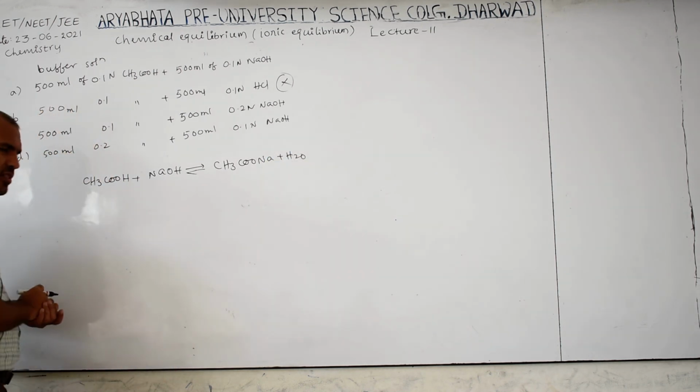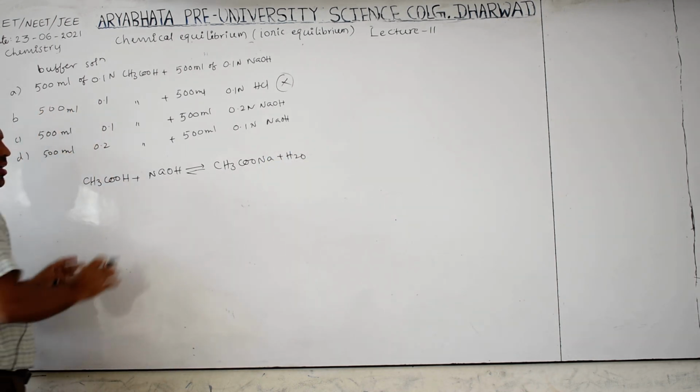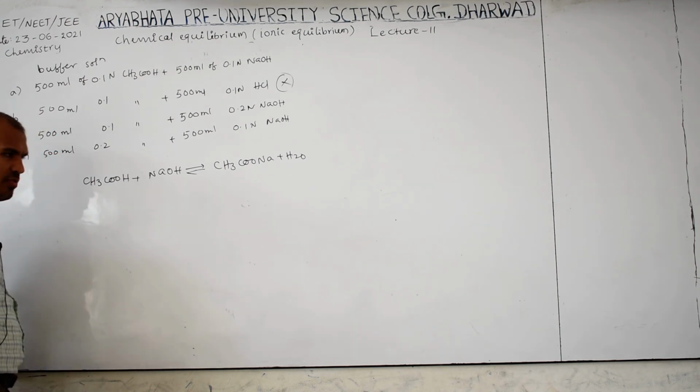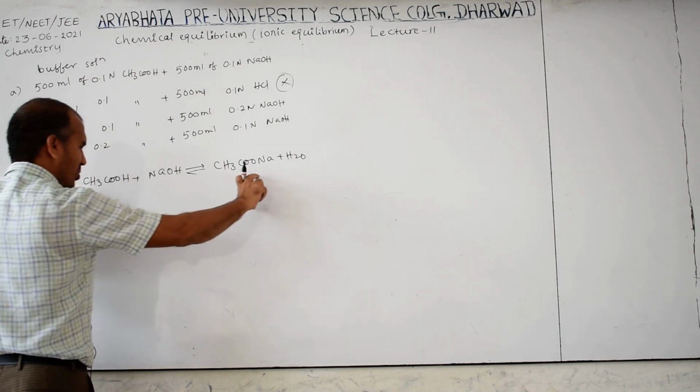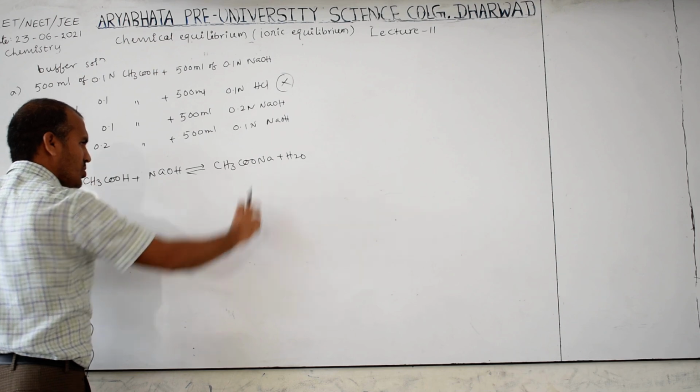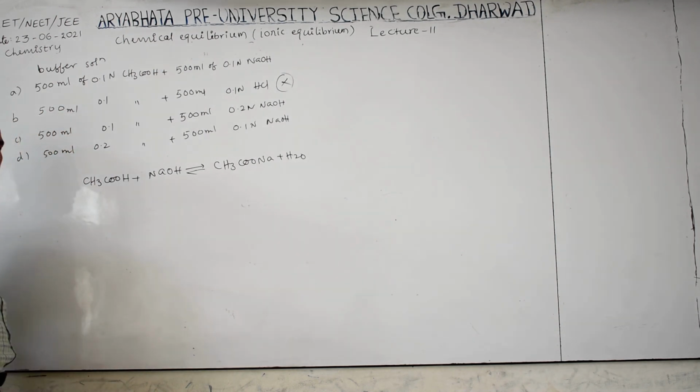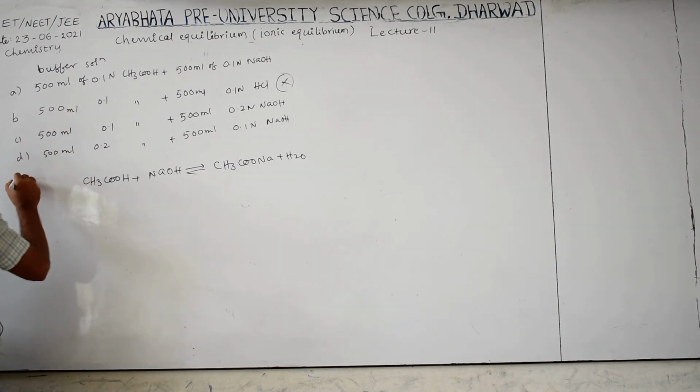Then in which cases do we have the buffer solution? The NaOH should be the limiting reagent, because then what will be present? Weak acid and its salt. In that case the buffer solution will be there. Therefore first we calculate the milliequivalents.